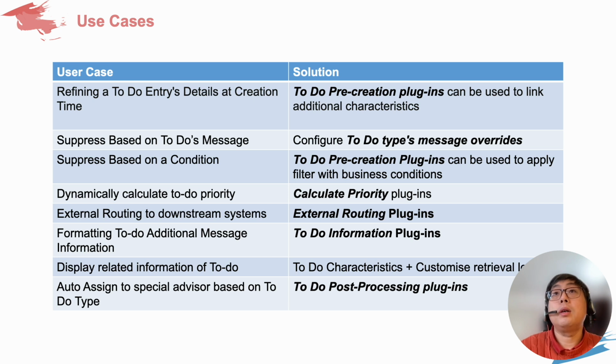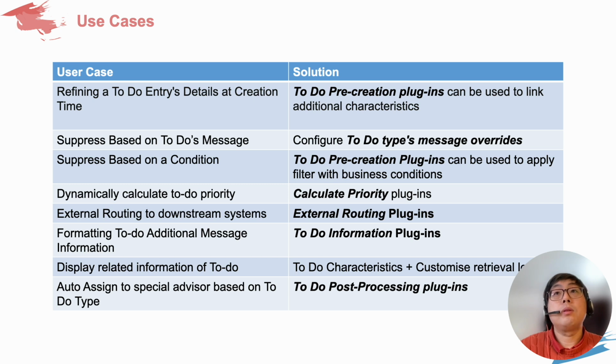That can be specified in this calculate priority plugin on the algorithm as well. External routing, as we were talking about the routing algorithm, external routing can be specified in this external routing plugin.